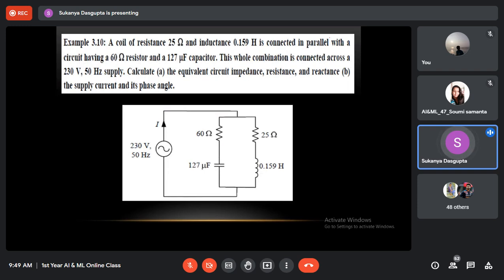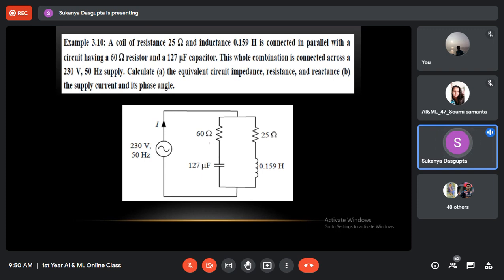Okay, so this is a similar problem. I hope all of you can solve this. You can just copy down the circuit diagram. It is again two impedances in parallel connected with an AC supply, 230 volt 50 hertz. You have to calculate the equivalent circuit impedance, which is just the parallel of the two branch impedances.